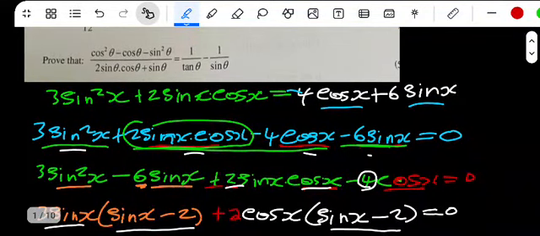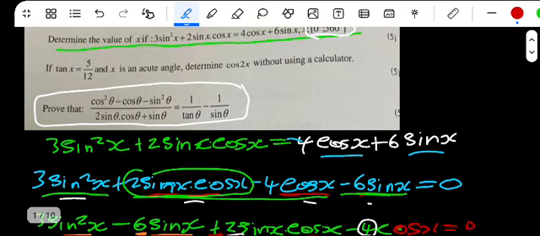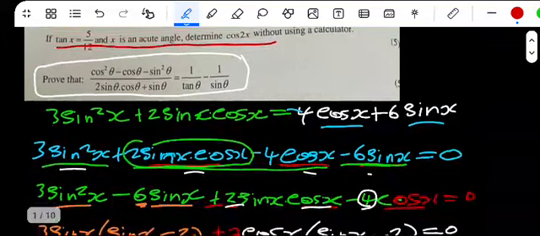Okay, let us try and prove this. I will come to this one, it is so simple. Let me start by proving that identity.